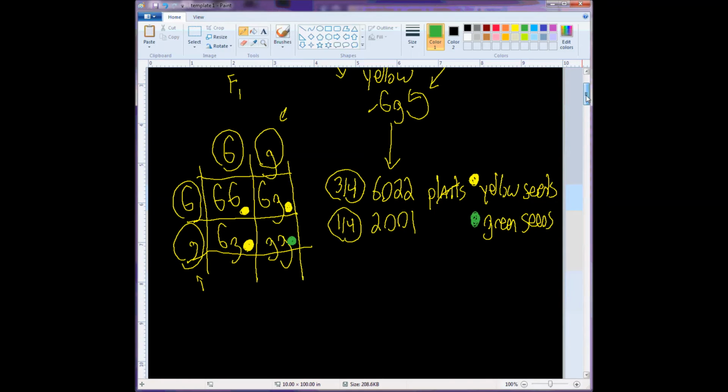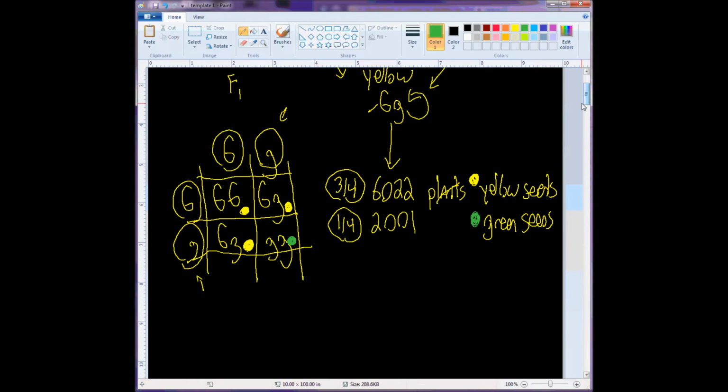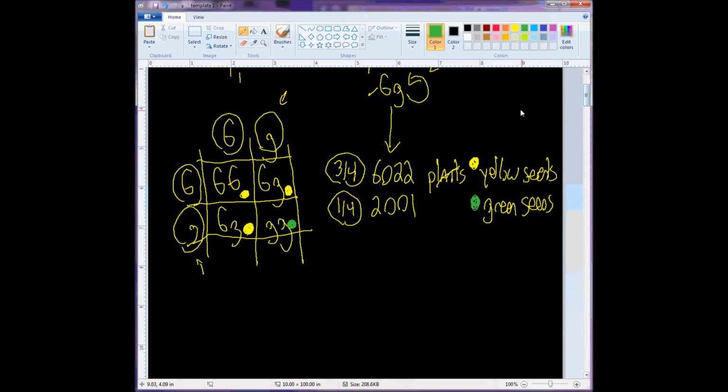So I'm still reading the question here, but now we fully understand what's going on and the question's making sense. So the next part of the question: of the F2 yellow-seeded plants, 519 were self-fertilized with the following results. So what they did was they took some of these 6,022 yellow plants with yellow seeds.